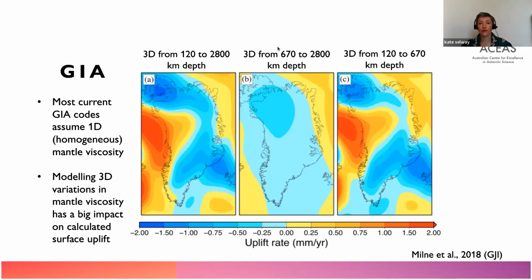If we allow those 3D variations over different depth ranges, you can see these are really significant differences in modelled uplift rates. And these 3D variations in this model are taken from seismic models and converting those into viscosity. So this is just a forward model. Even from these, you can see that it's important that we account for those 3D variations.